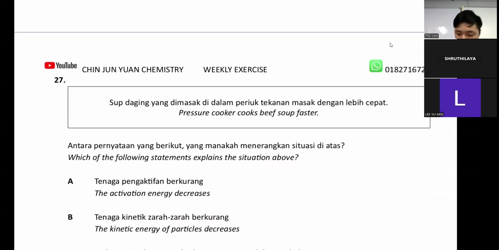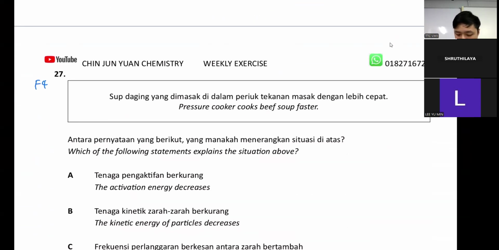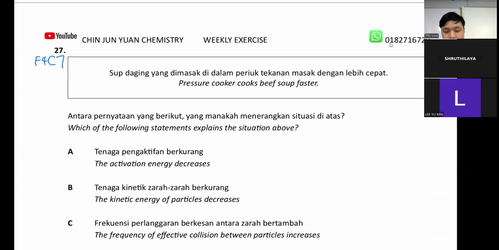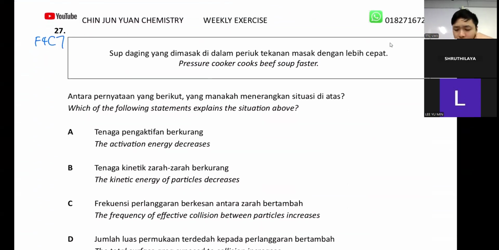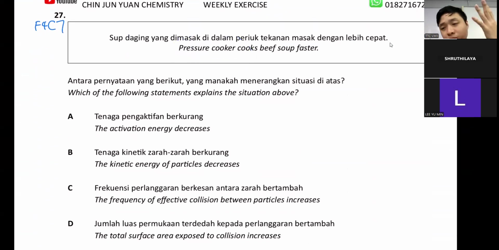Question 27. Form 4, chapter 7. Which of the following statements explain the situation above? Pressure cooker cooks beef soup faster. In this case, pressure cooker. Normally if you see pressure or temperature, they relate to kinetic energy.